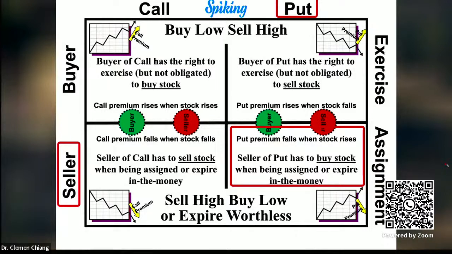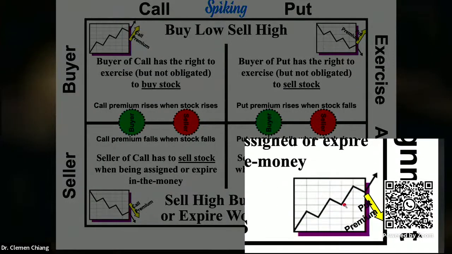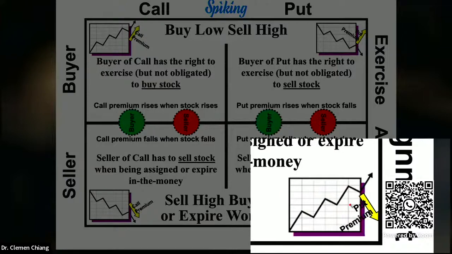Now, the concept of selling naked means that if the stock price continues to go up, he will make money. This is the part a lot of people get totally confused about, so I put this chart right here to give you clarity. For a seller of a put, the only way you can make money is provided the stock price goes up and your put premium goes down. Because how does a seller make money?